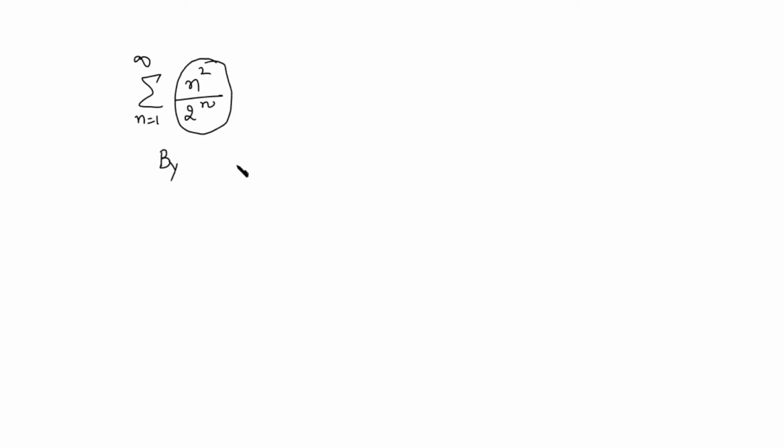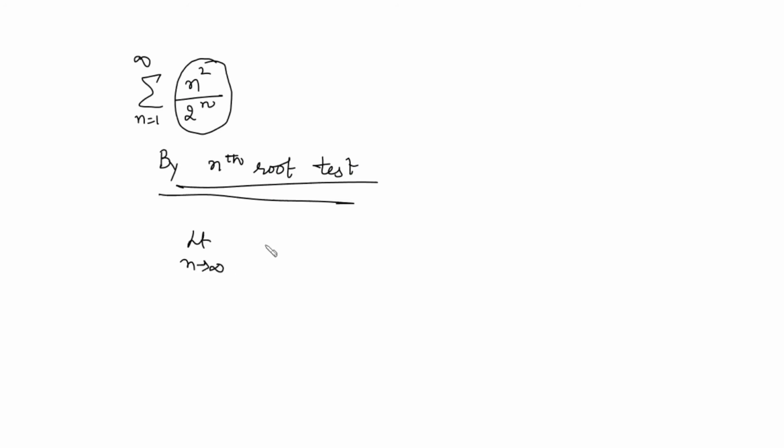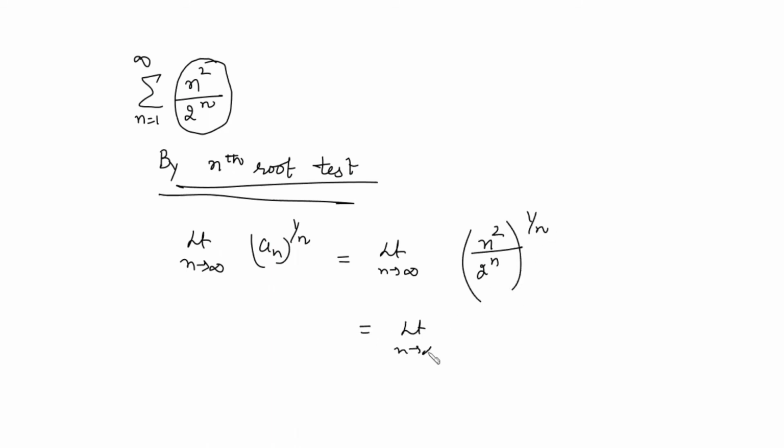So by nth root test, or simply root test, we will find out the limit of the nth root of the nth term. Here our nth term is n square upon 2 to the power n. We will find out the nth root of it.